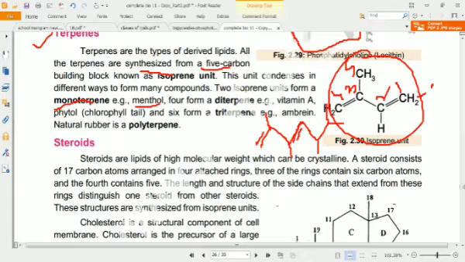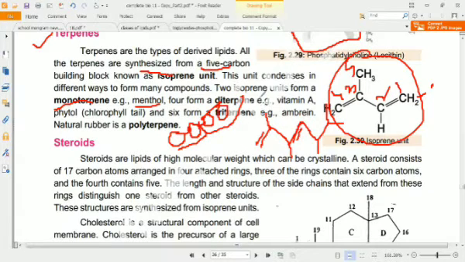For example, if one unit like this one, we just say it is monoterpene. So when two more join, this will be called diterpene. This one is monoterpene, and these two are diterpene.